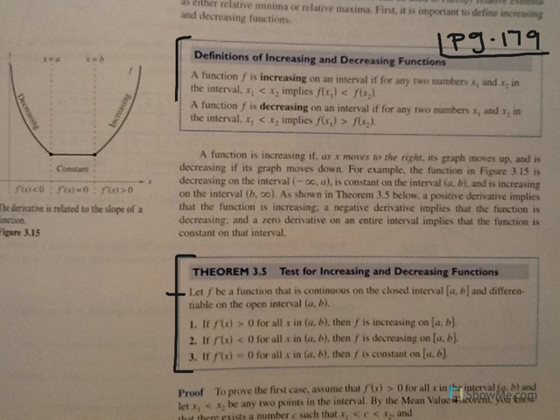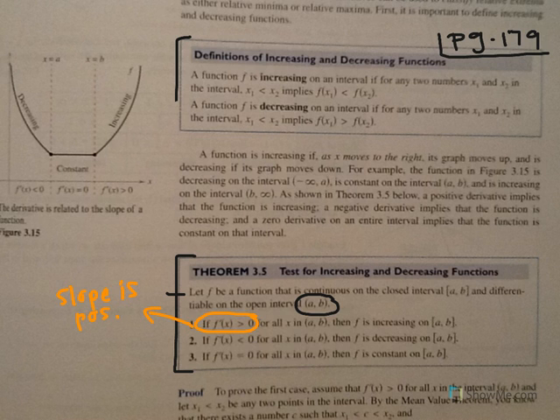It does not have to include the endpoints. So number one, if f prime of x is greater than 0, keep in mind that means that the slope is positive, for all x's in that interval, then f is increasing on that interval.